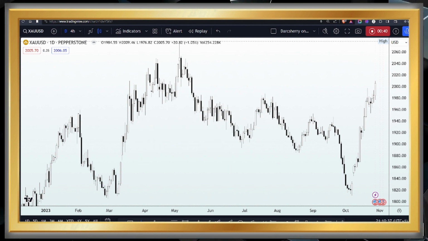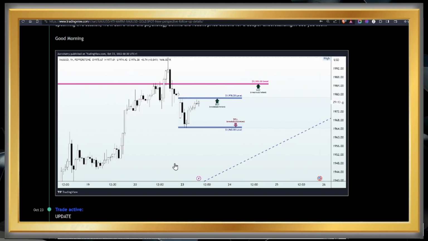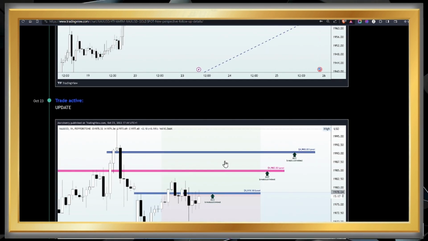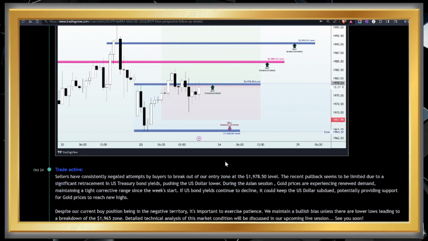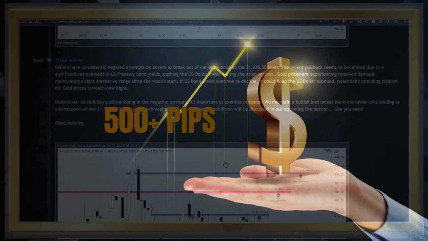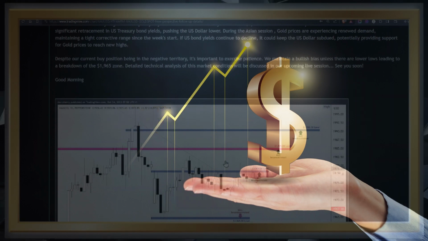A quick review of last week's trading setup reveals how we were fortunate to capture over 500 pips in profits after patiently waiting for the anticipated bullish momentum to materialize.